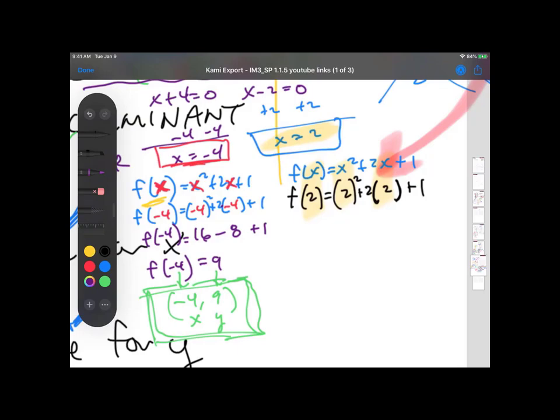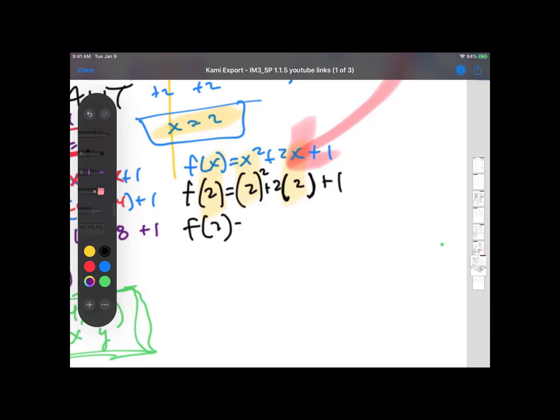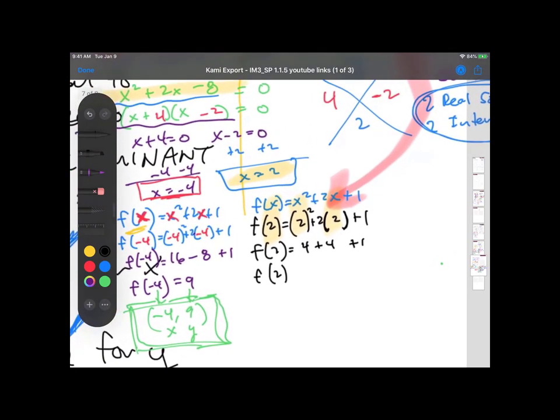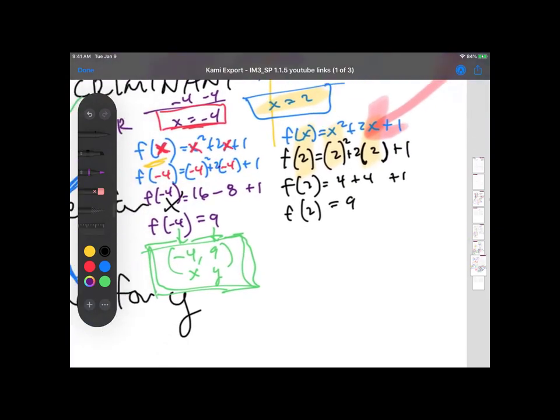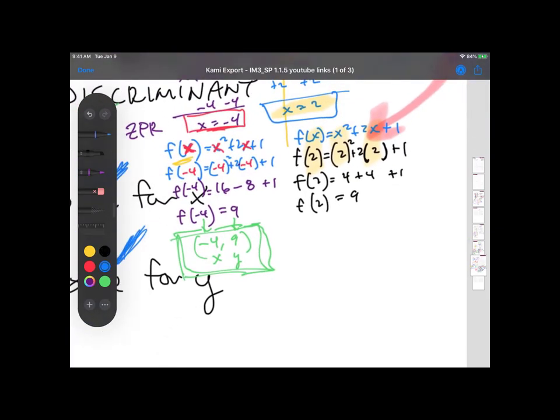And then we just go back and simplify. F of 2 equals 2 squared, which is 4. 2 times 2 is 4, plus 1. So you're going to get f of 2 equals 9. So my ordered pair we're going to get is 2, 9.